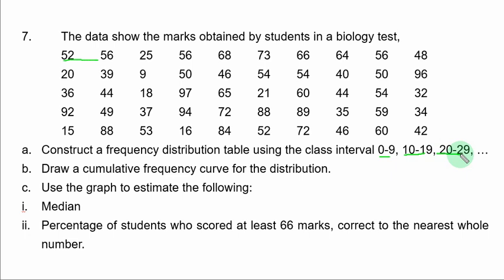B. Draw a cumulative frequency curve for the distribution. C. Use the graph to estimate the following. Roman figure 1, median. Roman figure 2, percentage of students who scored at least 66 marks correct to the nearest whole number. So let's take the solution.